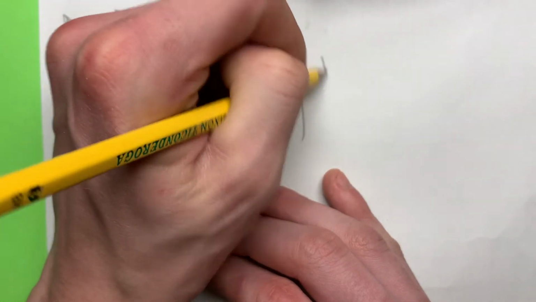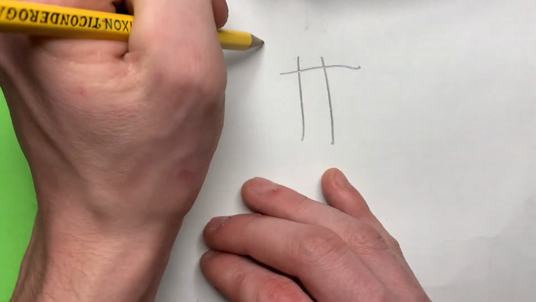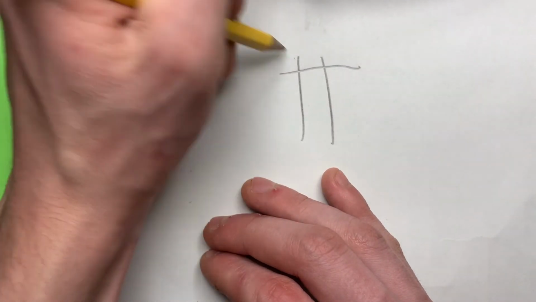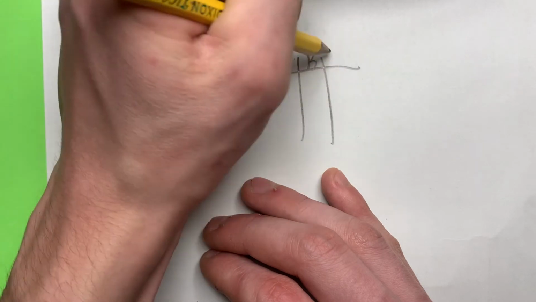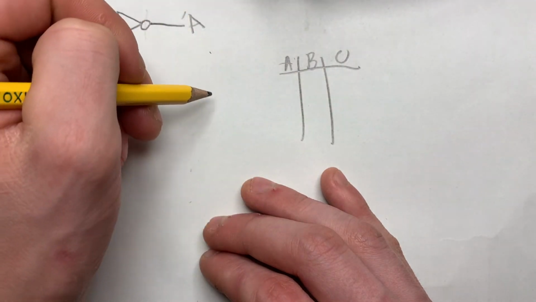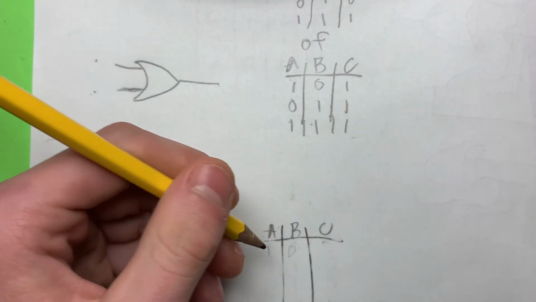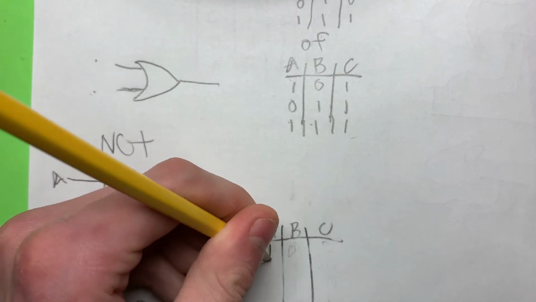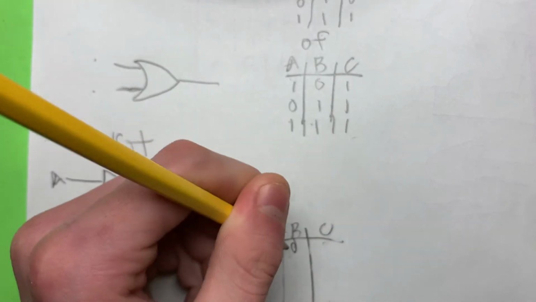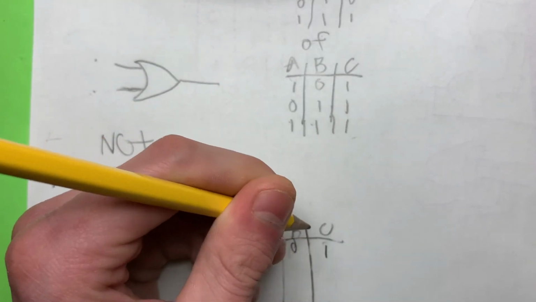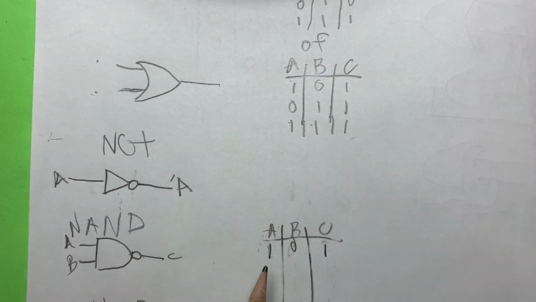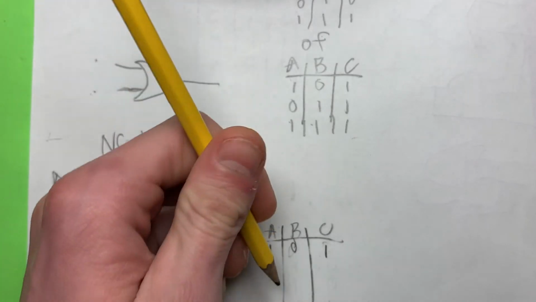Our truth table here is going to be very similar to our AND gate, but inverted. So the truth table for a NAND gate is if A is 1 and B is 0, then C is 1. Because on a regular AND gate, if A were 1 and B were 0, it would be off. But we use an inverter at the end, remember?